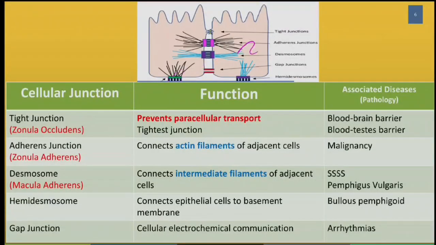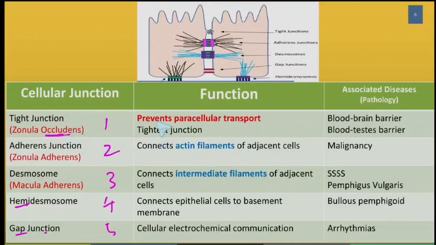In the end, we are going to summarize whatever we learned about our cellular junctions. So we have 5 main junctions: tight junction, zonula occludens. As the name suggests, occluded, something is tight and occluded. Adherens junction, zonula adherens; desmosome, macula adherens; hemidesmosome; and gap junction.